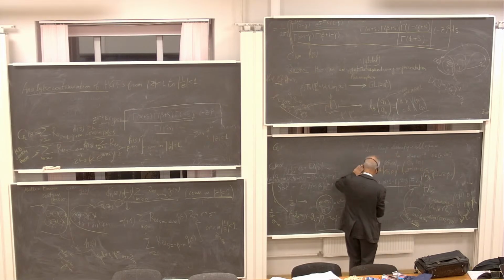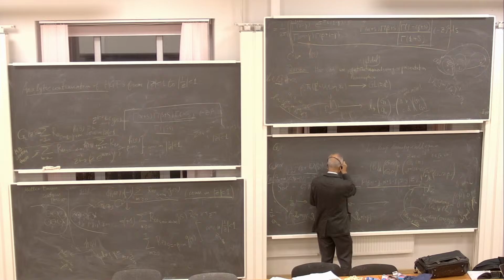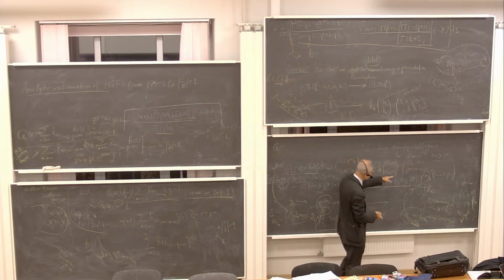In fact, this is the same thing as to say G1 at e to the 2 pi i z, G2 at e to the 2 pi i z. This is the meaning of the notation.